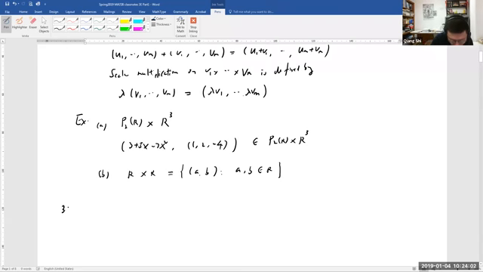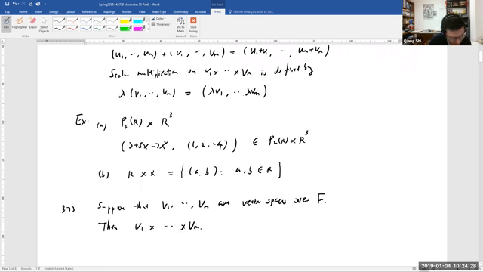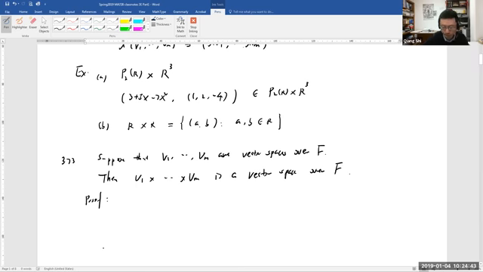Now 3.73, I believe this one claims: suppose that V1 up to Vm are vector spaces over the same field F, then the conclusion is that V1 times V2 times up to V sub m is also a vector space over F. The proof goes by assuming each individual V_i is a vector space, and then by the definition just above, it is easy to check that all the properties of a vector space still hold for this new one.